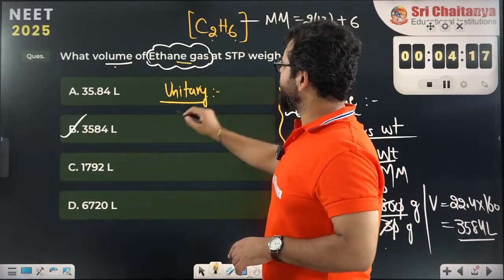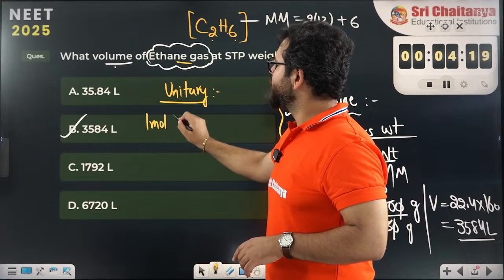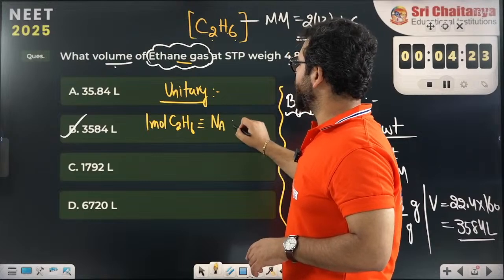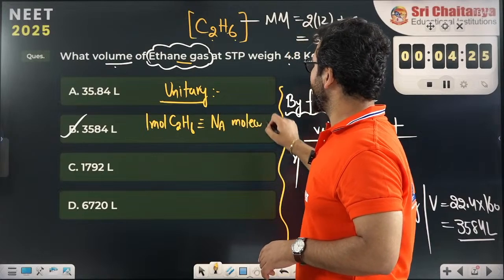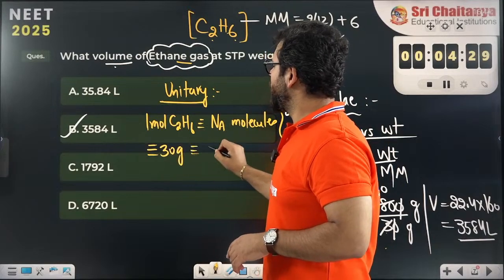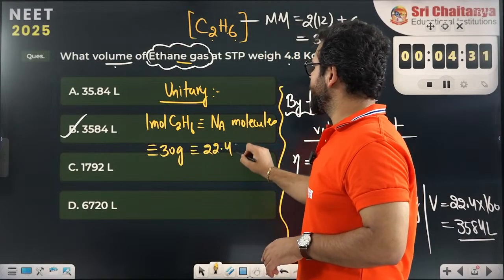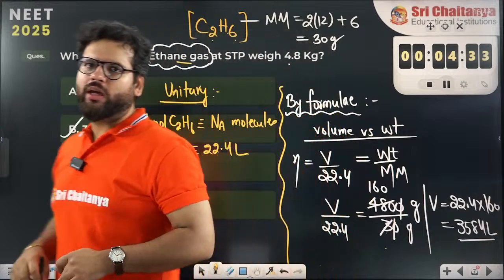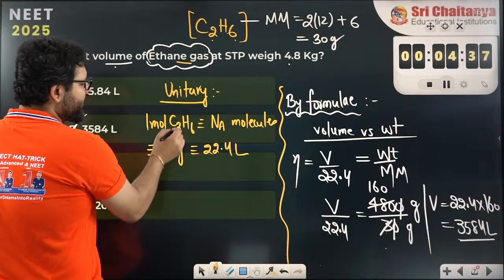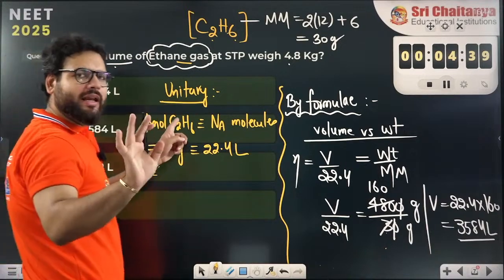Ethane C2H6. So I'll say 1 mole C2H6 contains Avogadro molecules, weighs 30 gram, occupies 22.4 liter. If they asked us about atoms, I could have said it contains 6 plus 2, total 8 atoms.